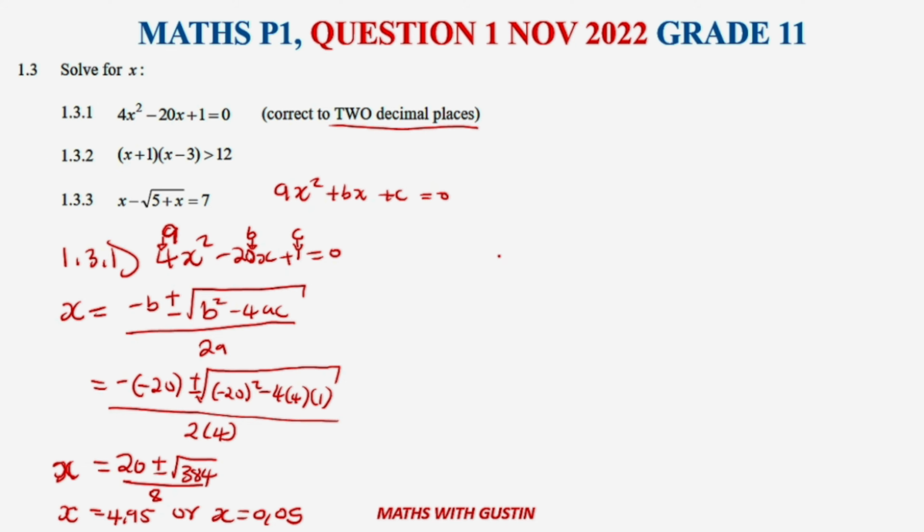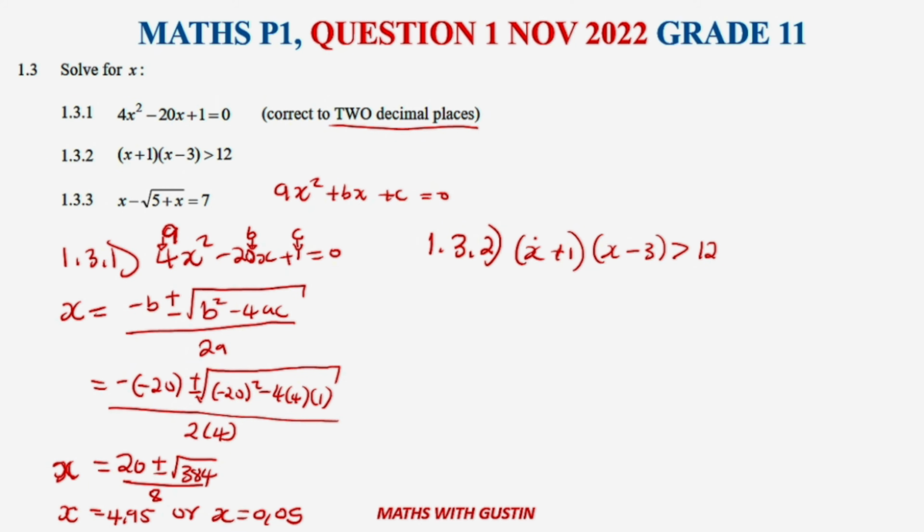Now let's move to 1.3.2. We are given x plus 1 and then x minus 3 greater than 12. When it's like this, we need to multiply throughout and remove the bracket so that we can accommodate the 12.